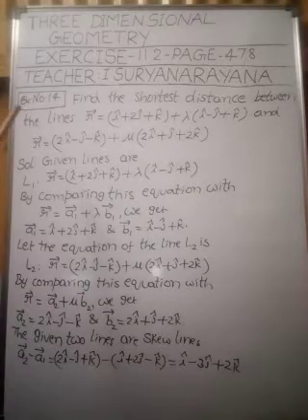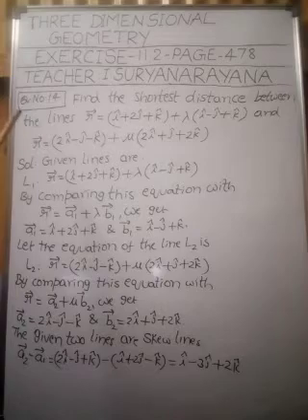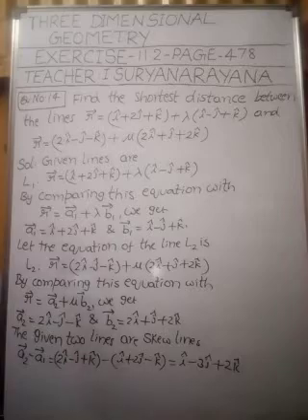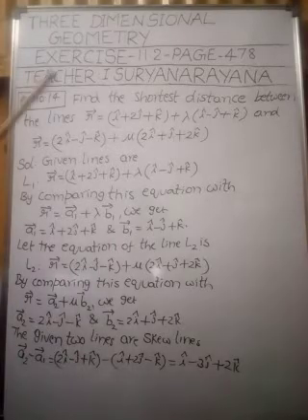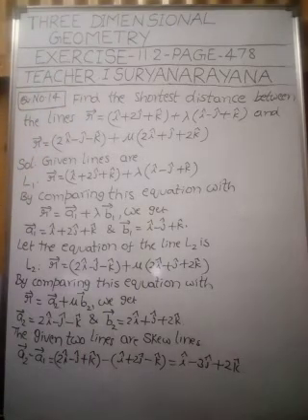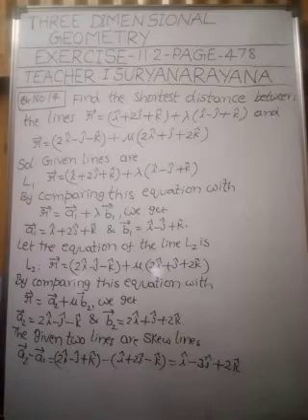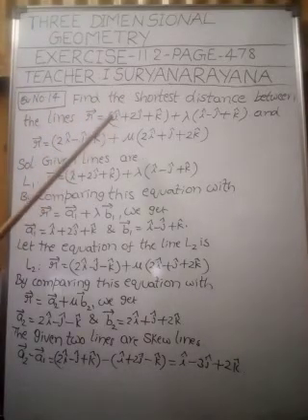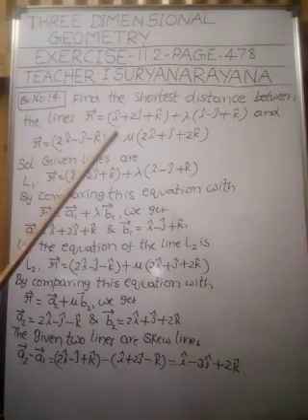In all these four questions, we have to remember the formula for finding the shortest distance between two skew lines. This is an important model question from the board examination point of view. Learn this type of question.